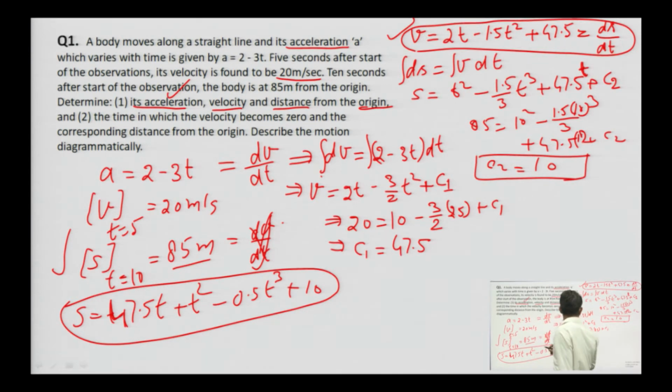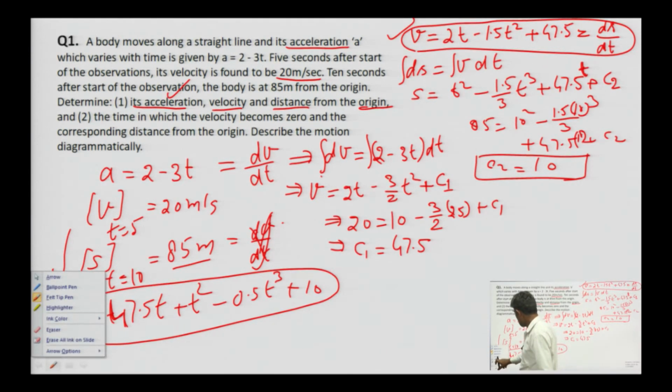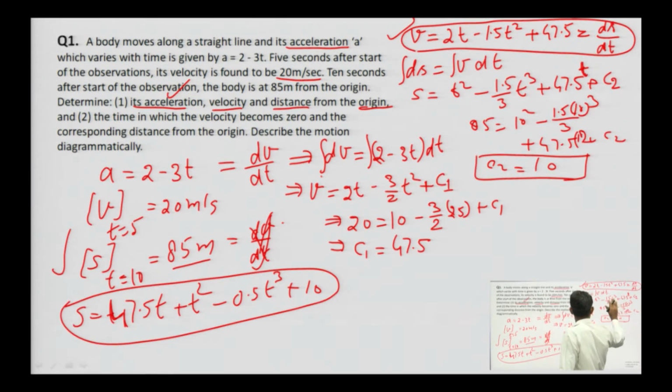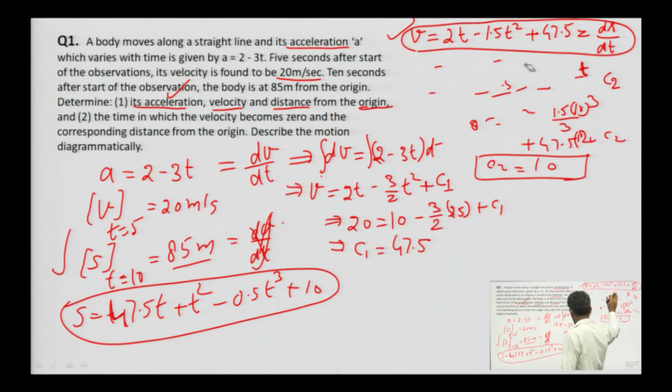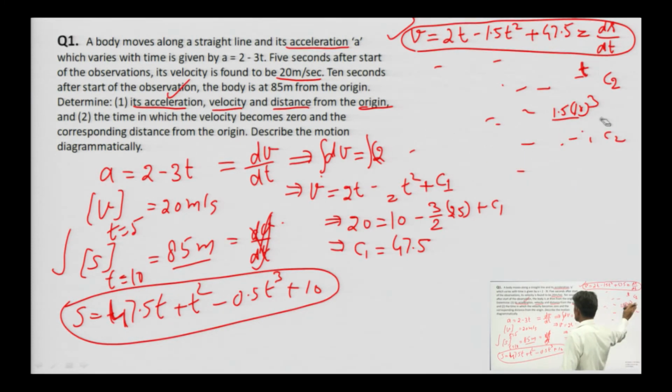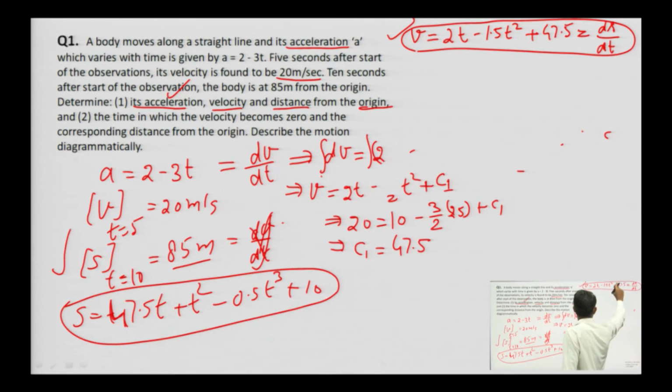The value of a is equal to 2 minus 3 times 0, so we get 2. Similarly, velocity at time t equal to 0: we put t equal to 0 in this equation.